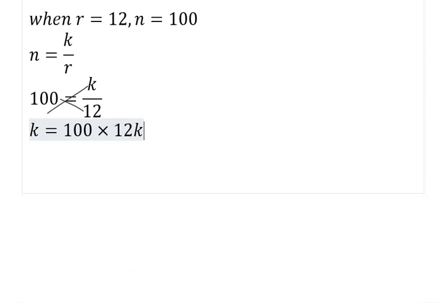If you bring out your calculator and punch 100 times 12, it will give you 1200. So we've gotten the value of our K.